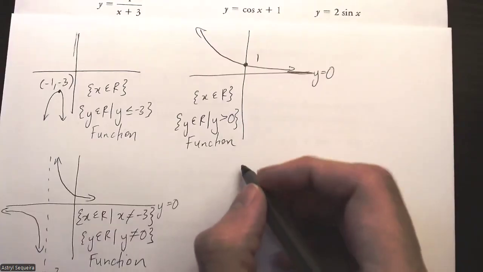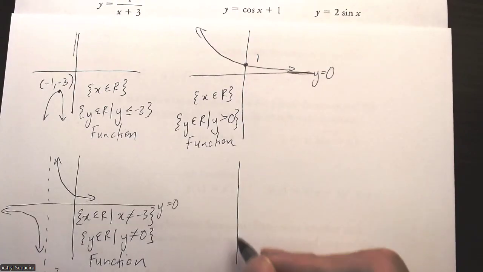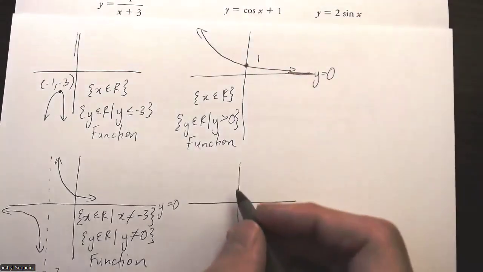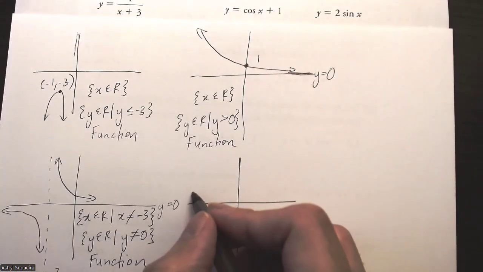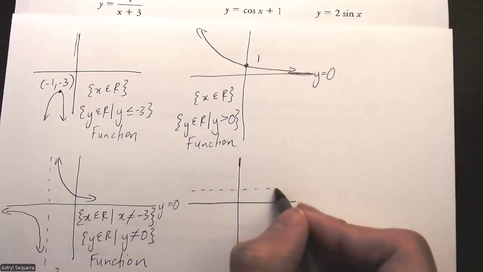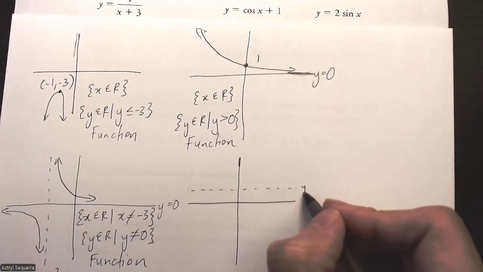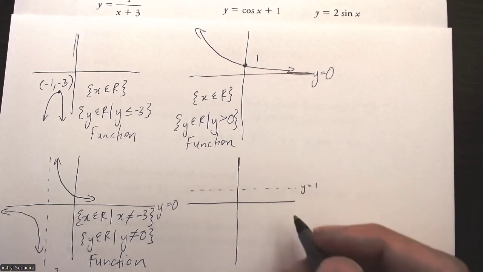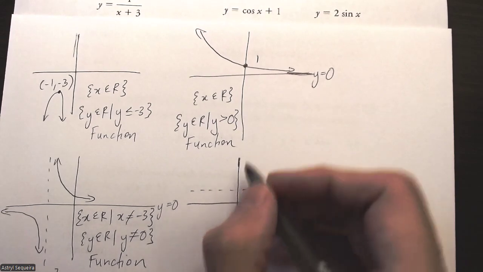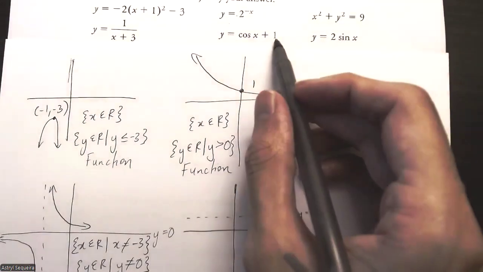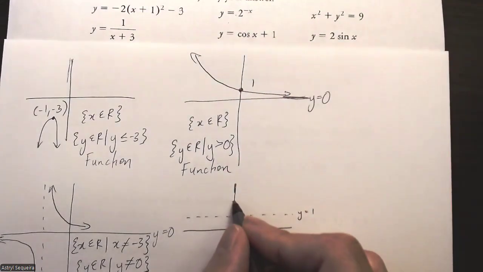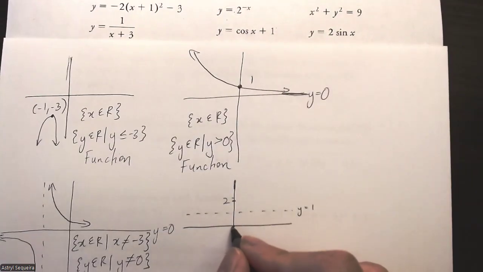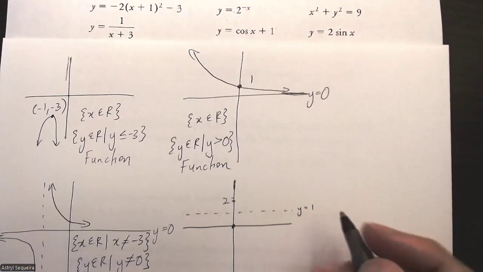The fourth one is a cos graph. It's cos x plus 1, which means the 1 is where I draw my equation of axis to begin with. Oops, that's not an asymptote, that's an equation of axis. For my max, I add my amplitude, which is 1, so my max is at 2, and for my min, I subtract my amplitude, which gives 0.